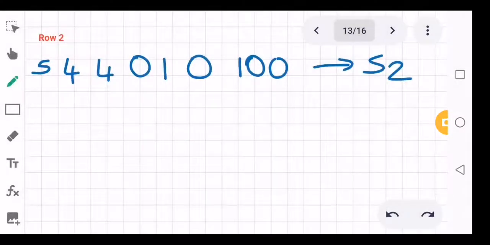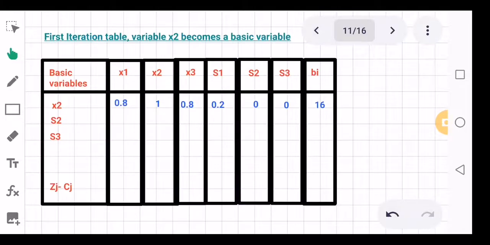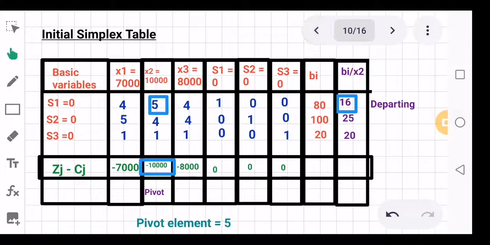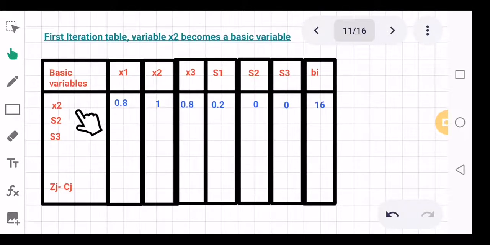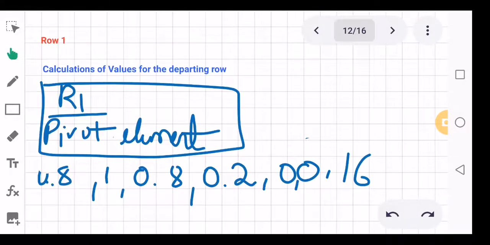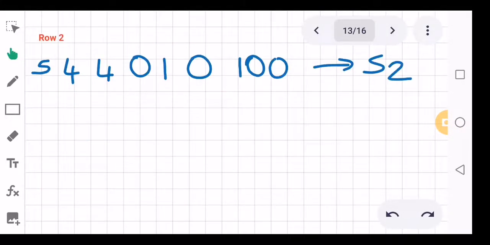We need to take the values of this particular row, the x1 row of the new table, not of the old table. So the values will be 0.8, let me put a comma so that there is no confusion.